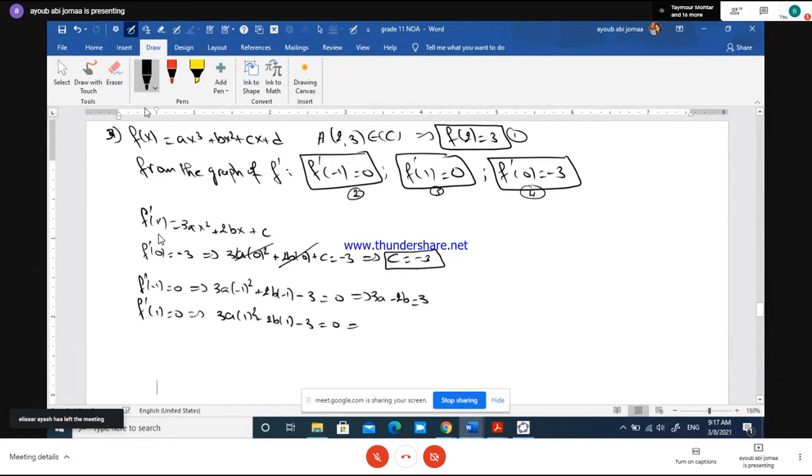Then 3a plus 2b is equal to, again moving 3 to the right side, 3. Here you get a system of 2 equations, 2 unknowns. Solve the system. You may use the calculator, or if you directly add, you get 6a is equal to 6, since -2b plus 2b cancel out each other.